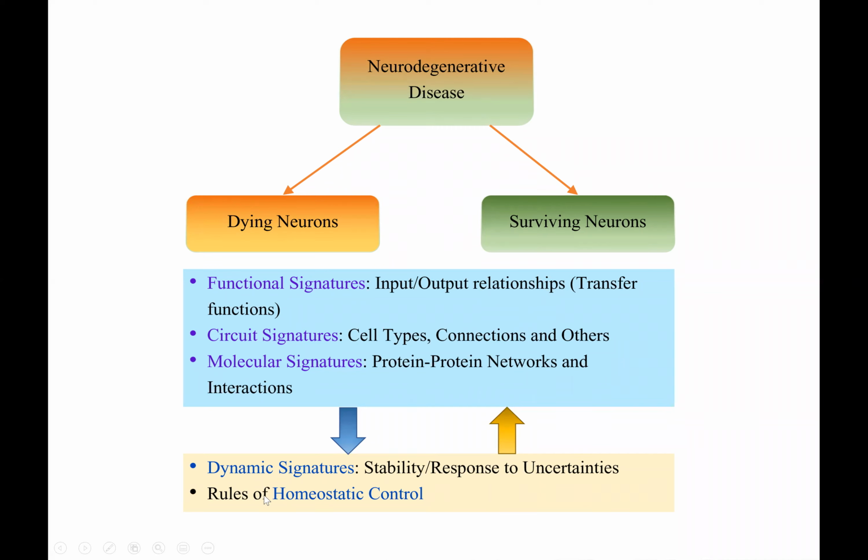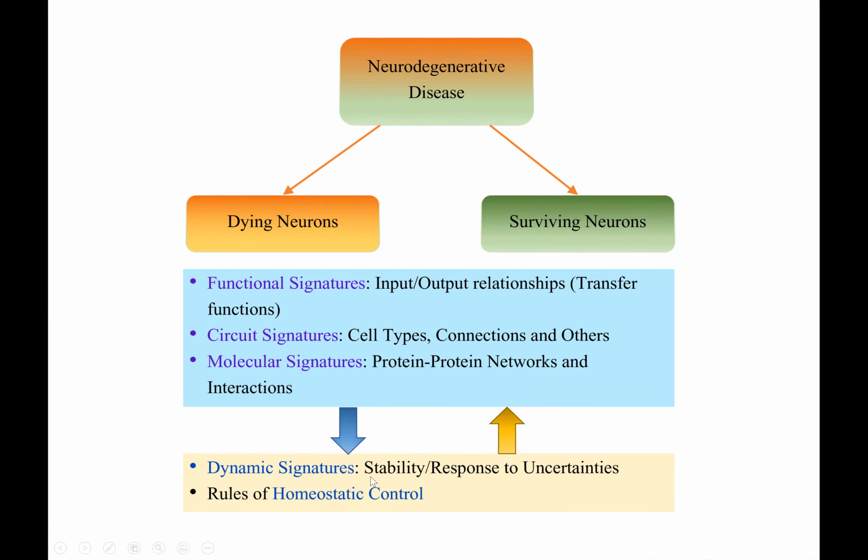And a part of the goal is also to understand the rules by which the homeostatic control is made. This is a very difficult question to answer, and we are trying to come up with our theories and ways to summarize what kind of homeostatic control is present in the system.